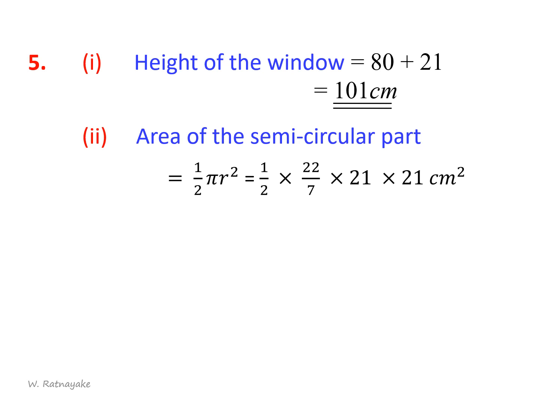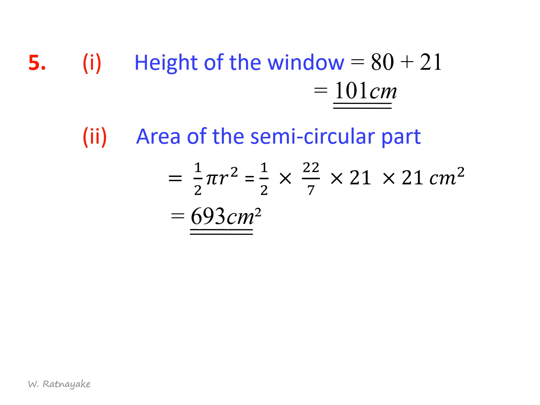We can simplify this carefully, then we will get the answer as 693. So this is the answer for the second part, the area of the semicircular part. This is the numerical expression that we use: half times 22 upon 7 times 21 times 21.